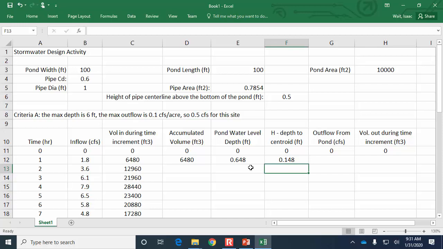So the pipe isn't yet fully submerged. So this shouldn't be positive until we have it fully submerged.